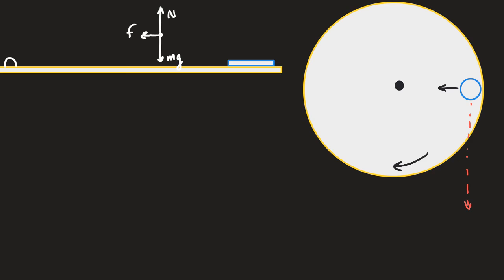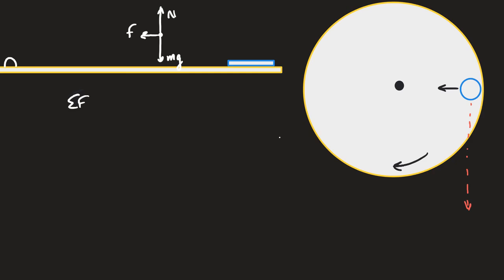We can't come up with a new way of coming up with forces. But when we try to decide which force is causing it to turn, that's kind of how you do it. By evaluating what forces are acting in the system and deciding which one could possibly point towards the center. Now that we've done that, the actual problem isn't all that tough, especially because of what they gave us.